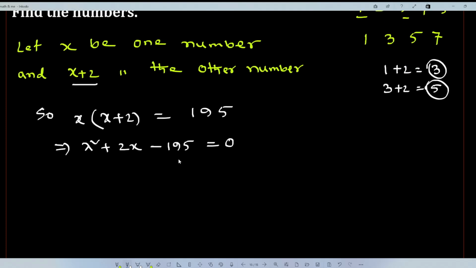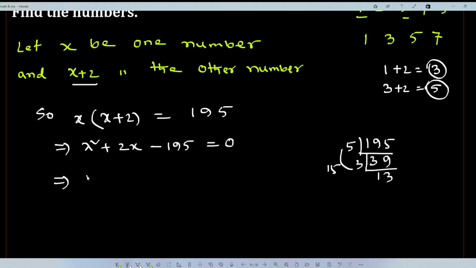So here is 195. If we factorize this, 195 divided by 5 is 39, and 39 is 3 times 13. Look, 15 minus 13 will become 2.